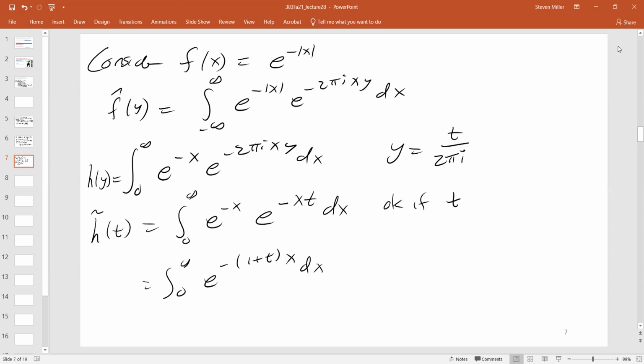Once t equals negative 1, I have e to the 0. That's clearly not integrable. And then if t is less than negative 1, I'm going to have something that's exponentially growing. So we're okay if t is greater than negative 1. And what we get is that this is just going to be 1 over 1 plus t. But t was just 2 pi I y, so we just get 1 over 1 plus 2 pi I y.